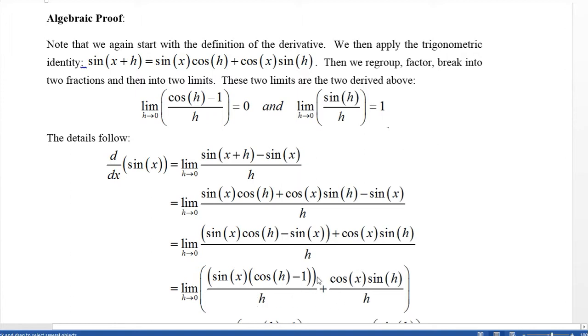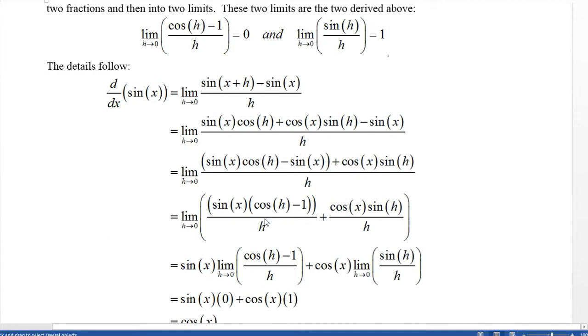This is sort of like getting our common denominator, put them together, just kind of reversed. Now, provided both of these limits exist, the limit of the sum is the sum of the two limits, and since the sine of x has nothing to do with h, it's a constant in terms of h, so the sine of x can be brought out front of the limit sign, and similarly the cosine x in the second part.